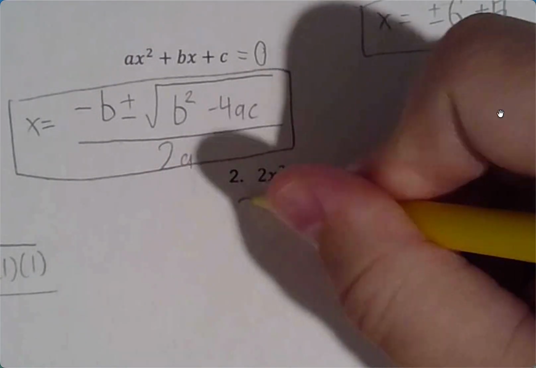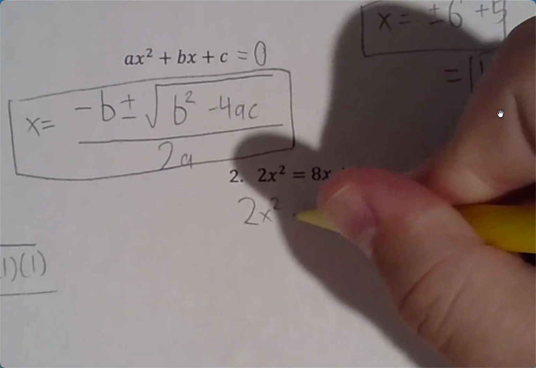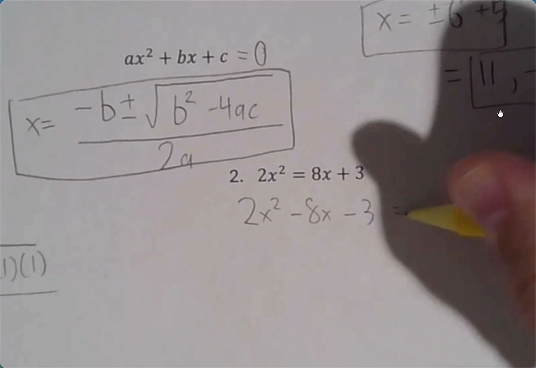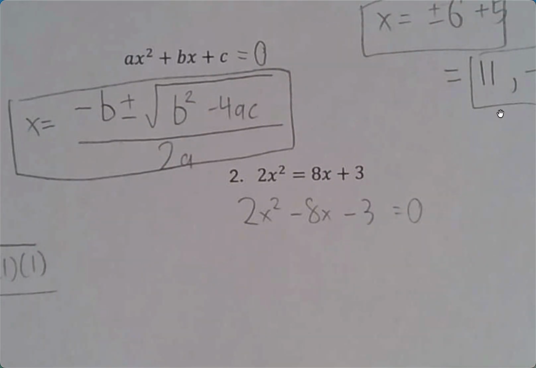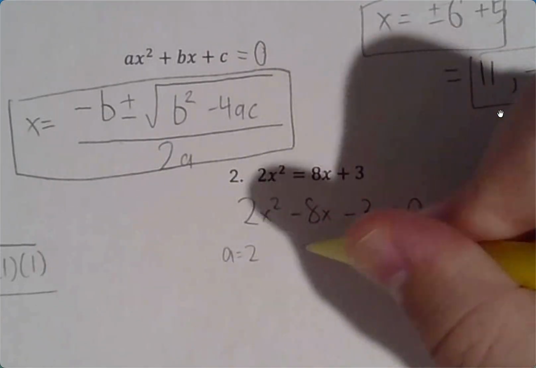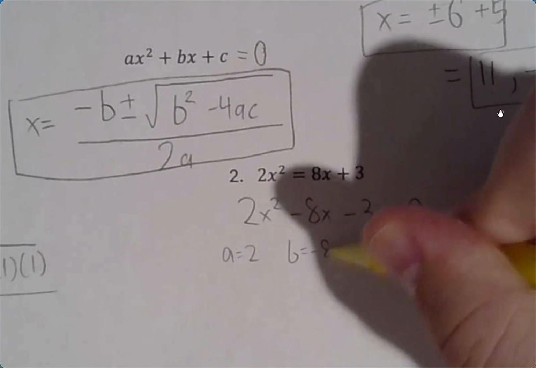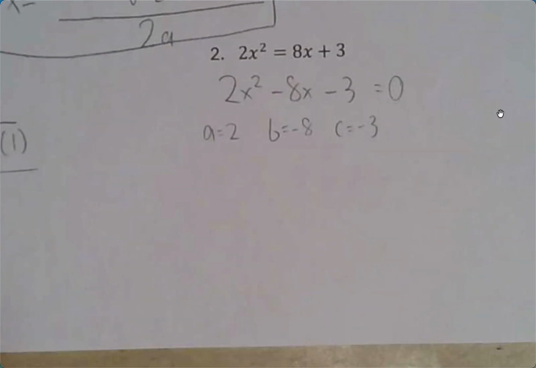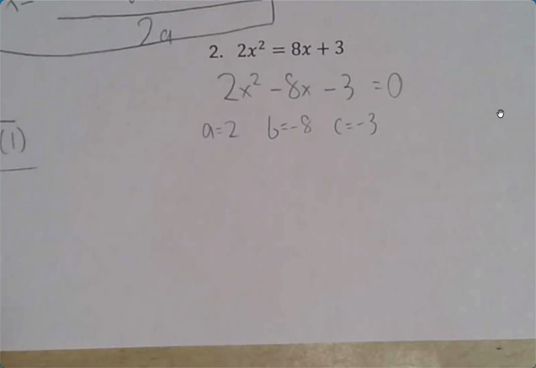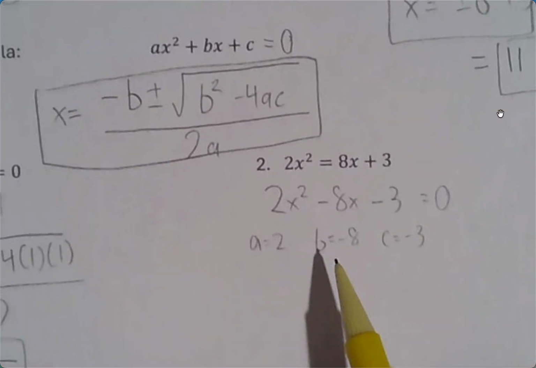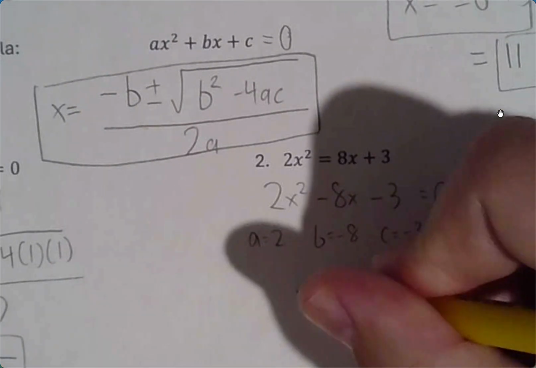So some things have to move over before I can assign A, B, and C. All right, I've moved everything over. I can now know that A is 2, B is negative 8, and C is negative 3. All right, our next step is substitute. So negative B, negative 8, is positive 8.